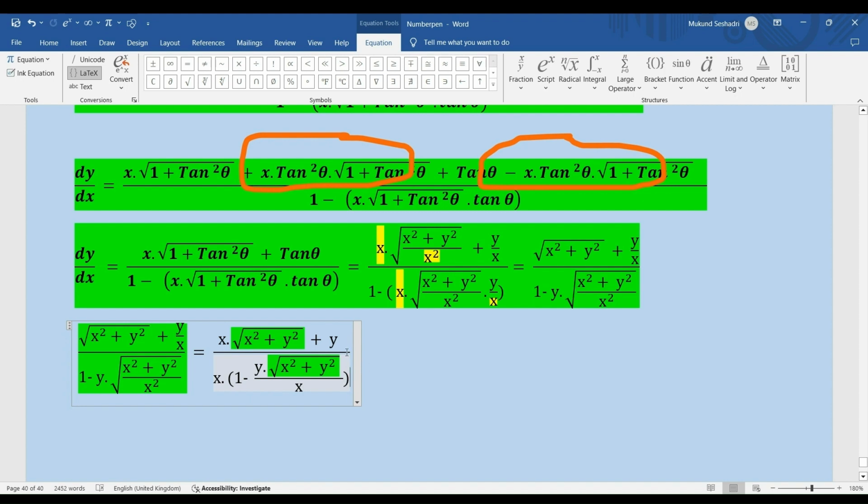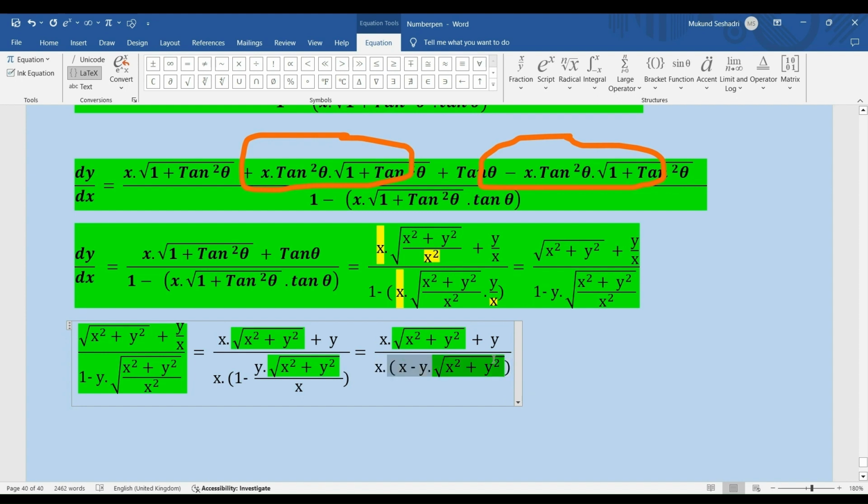right? And again, I have a scope to cancel out the x. I don't think I can do anything further with my numerator. So I copy it as it is. In my denominator, I have an opportunity to write it like this, right? X minus y times square root of x square plus y square.